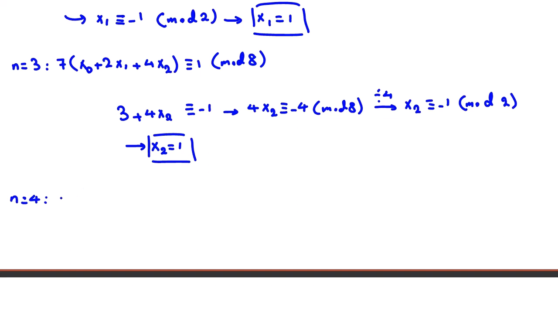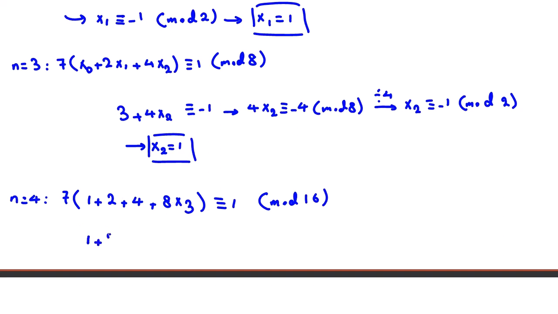Okay, for n equals 4, we can say 7 times x0, which is 1, plus 2x1 plus 4x2 plus 8x3 is congruent to 1 mod 16. Let's multiply both sides by 7. And 49 we know is 1 mod 16. So we can conclude 1 plus 2 plus 4 plus 8x3 is congruent to 7.